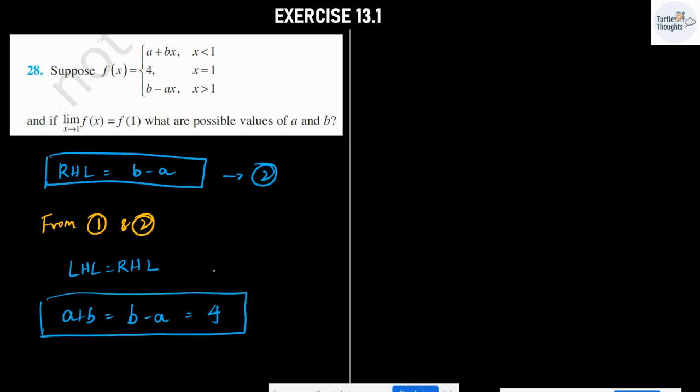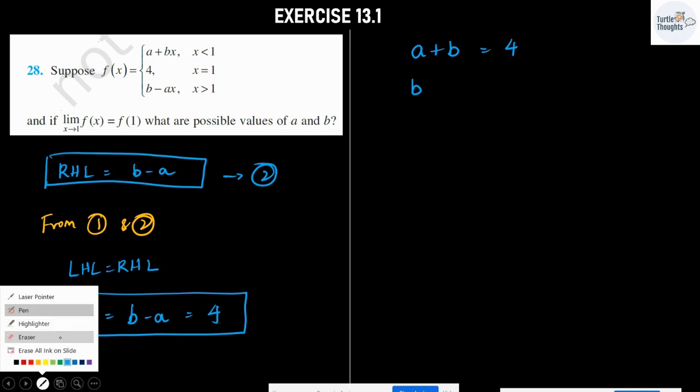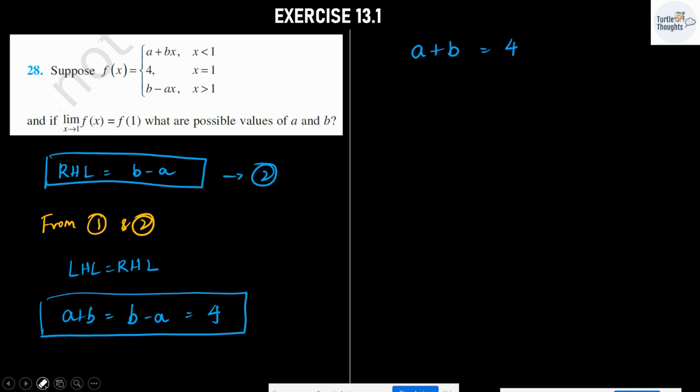Okay, easy. Now, how do I find the value of a and b? By solving the two equations, can I write this as a plus b is equal to 4, also b minus a, or I can write this as minus a plus b is also equal to 4.